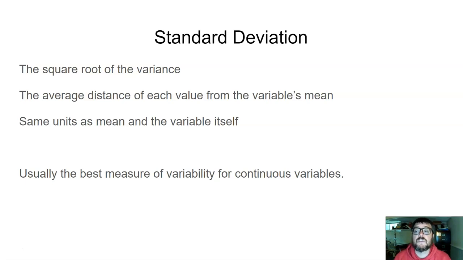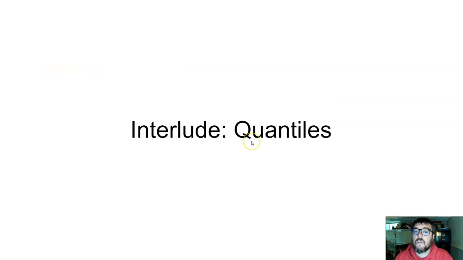So the standard deviation is usually the best measure of variability for continuous variables, because it is itself an average distance. It works nicely with continuous variables, but it has all the same disadvantages that the mean does. It's very sensitive to outliers, so you have to be a little careful with it.